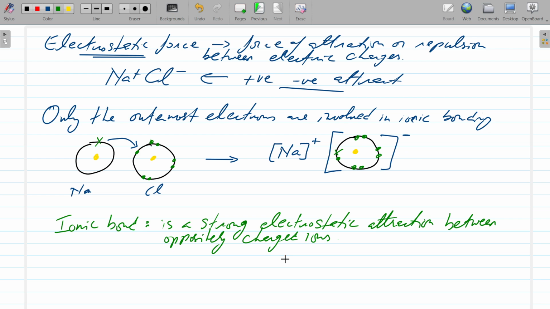That is what an ionic bond is, and when that happens, it's called an ionic bond.